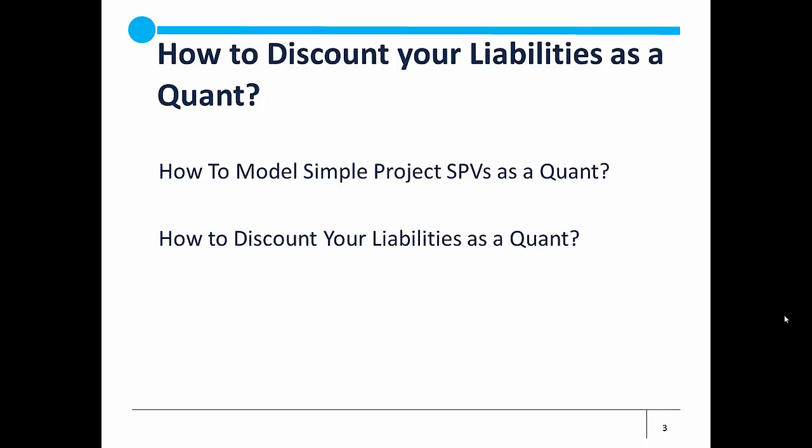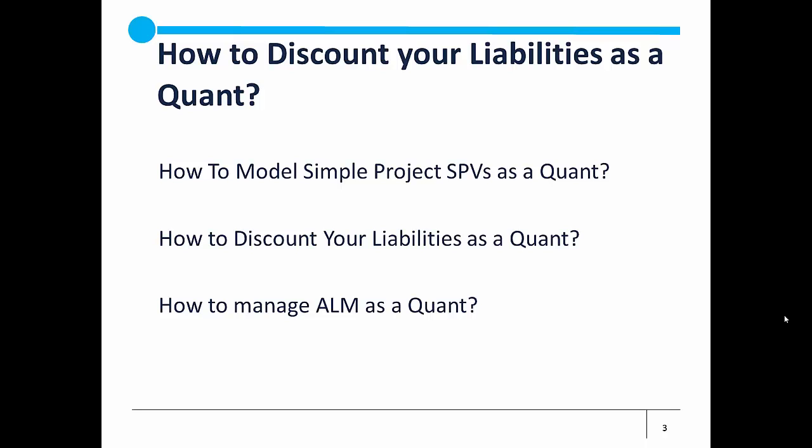Then we'll take one step back from that. We'll have a look at all the lessons we've learned with project SPVs, and we'll try to see what, if anything, we can take to the bigger problem, which is how to discount liabilities in general. Finally, we'll see what our brand new liability discounting method tells us about asset liability matching.